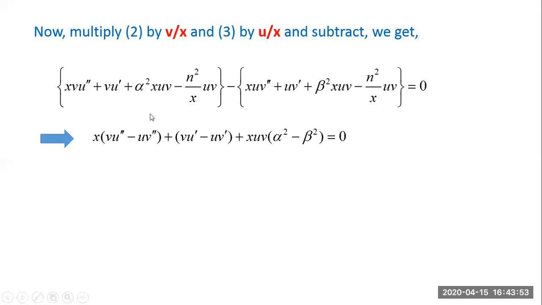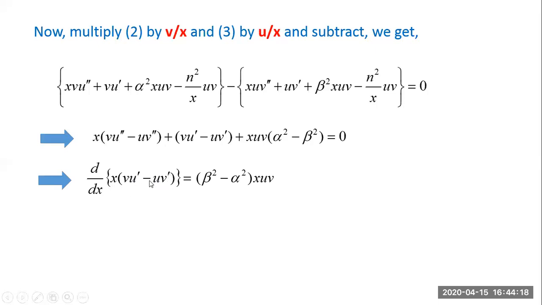Now these two terms, x v u double dash minus u v double dash, plus v into u dash minus u into v dash, can be written as d by dx of x into v u dash minus u v dash.